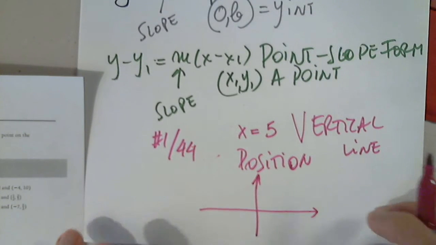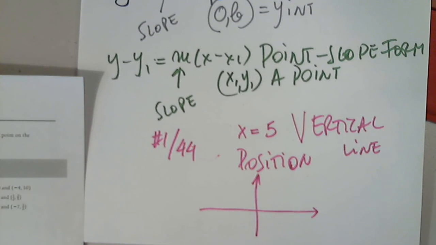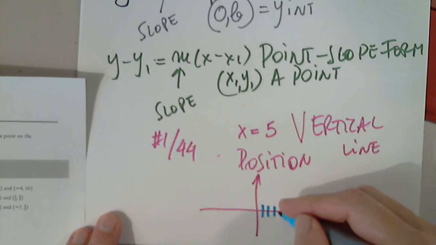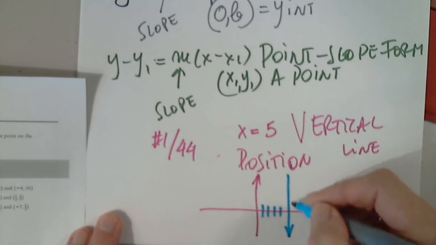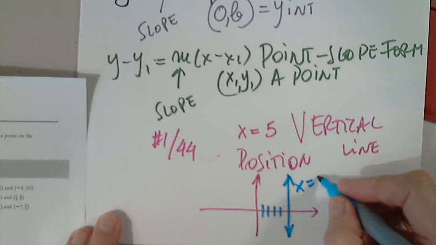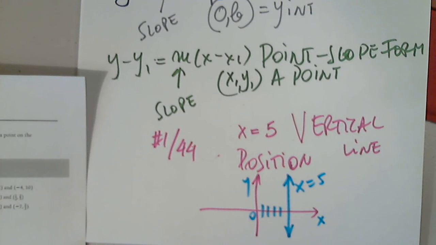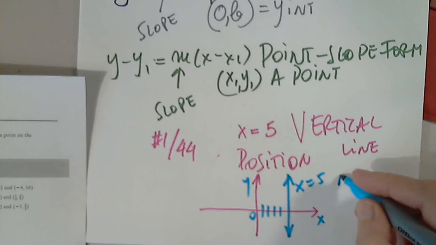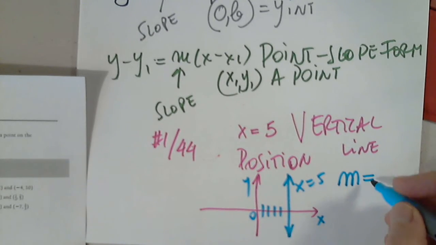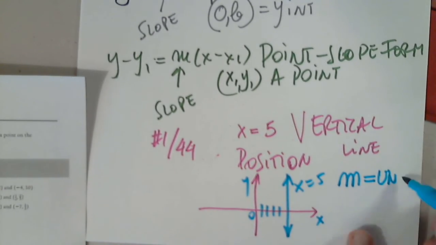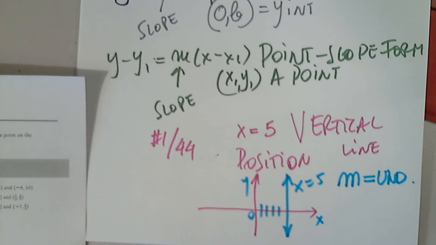So if it indicates position, all I have to do is graph at 5: 1, 2, 3, 4, 5. This is x equals 5, and it's a vertical line. The slope of a vertical line is undefined.